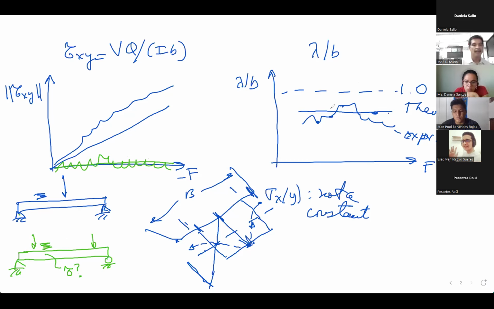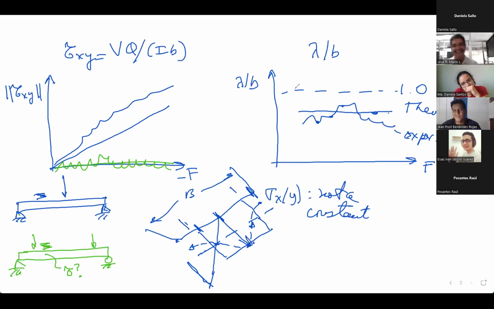Okay. And for the second one, I don't remember your last name. Hidro, what do you expect for the lambda over B in this case? That's a good question, right? When you have no shear, what's going to be the lambda over B ratio? The effectiveness.